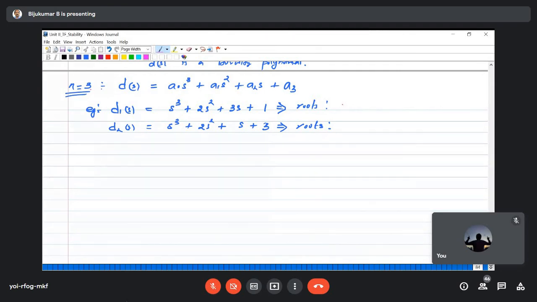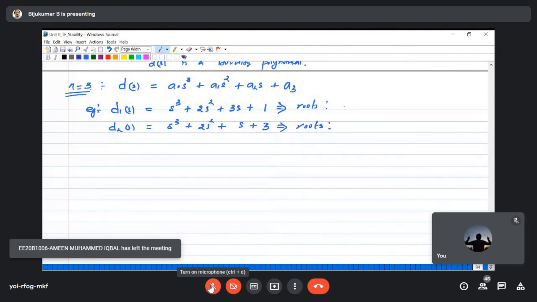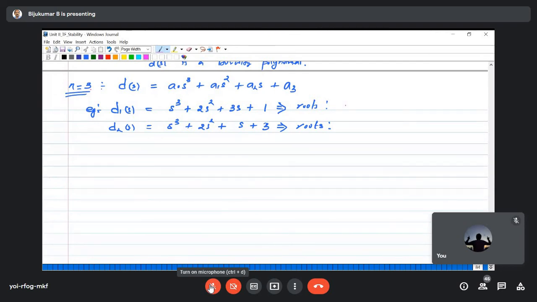What are the roots of d1 of s? Plus 1.3j, yeah, fine. Minus 1.3j. Okay, clear.